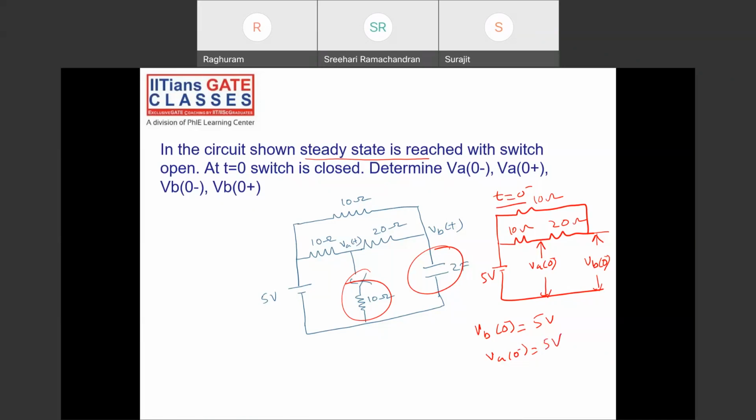The voltage will be 5 volts. 5 volts should appear. Yes, the whole voltage will appear across these terminals.